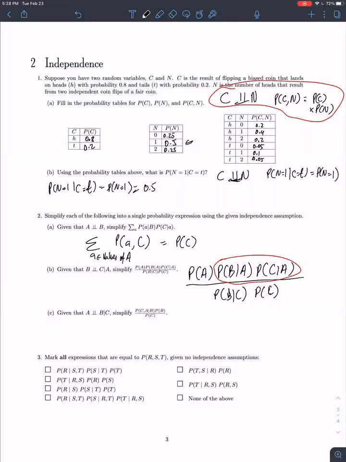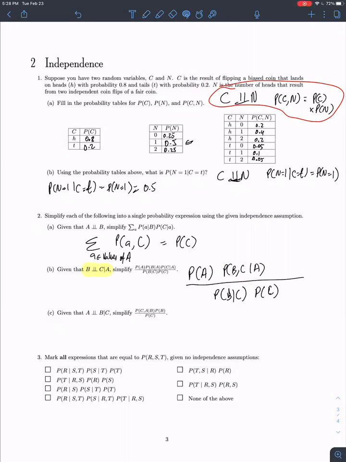Probability of B given A times probability of C given A is equal to probability of B and C given A, because they're independent given A. So conditional independence is kind of like normal independence, but everything is conditioned on the thing that the independence is conditioned on. So all right, we can simplify this fraction a bit, we'll throw this expression here.